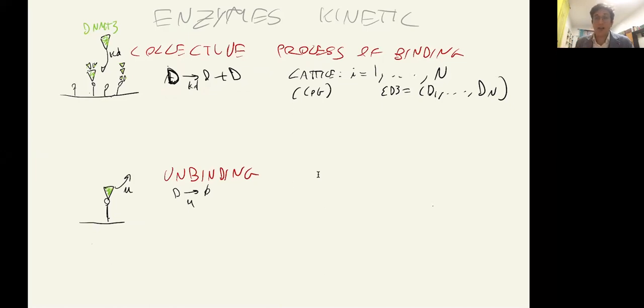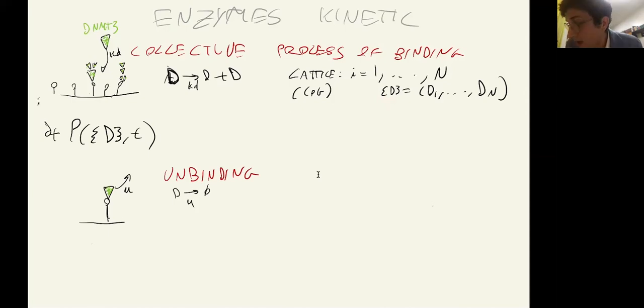Now, how can we translate it into an equation? If you remember, we can use the master equation. So we know how the probability of observing a certain enzyme pattern at time t changes with respect to time. When I use this bracket, as you have highlighted here, this bracket stands for d1 to dn, because of course here we have what are called lattice positions.